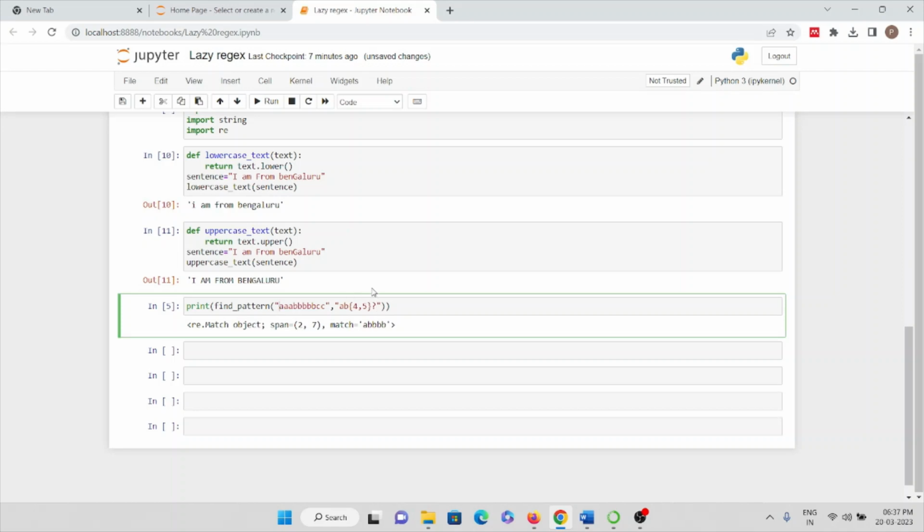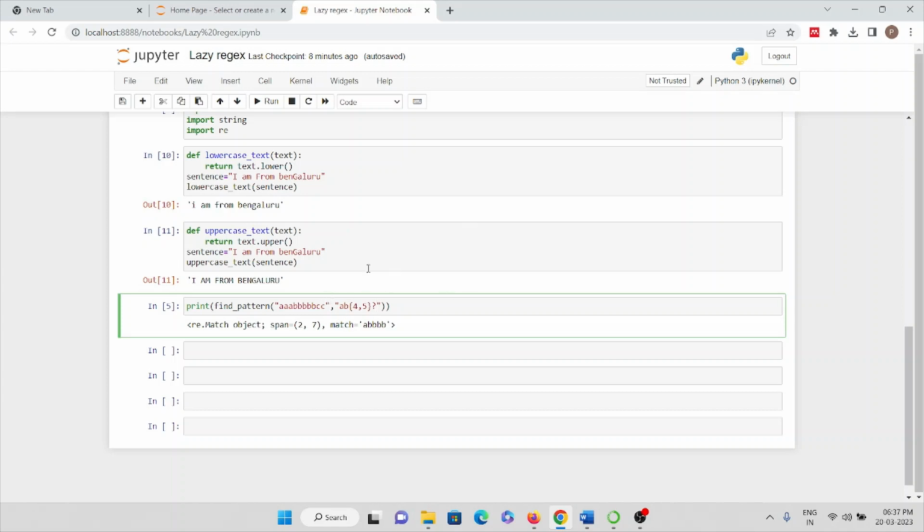Here you can see 0, 1, 2, 3, 4, 5, 6, 7. Whenever you give the question mark, it will match only the minimum pattern present in the input.